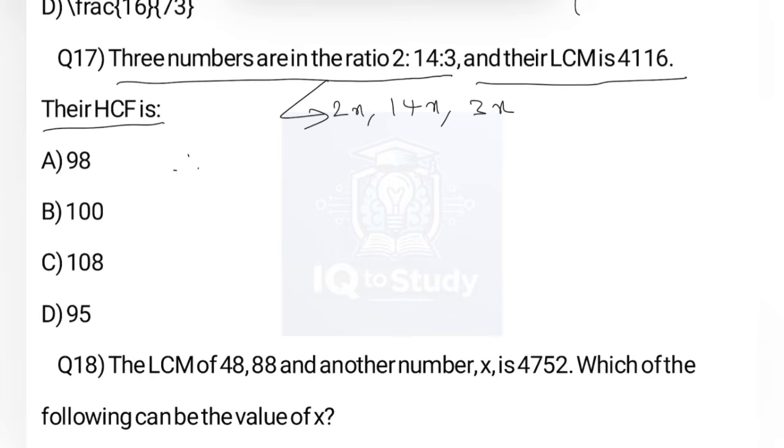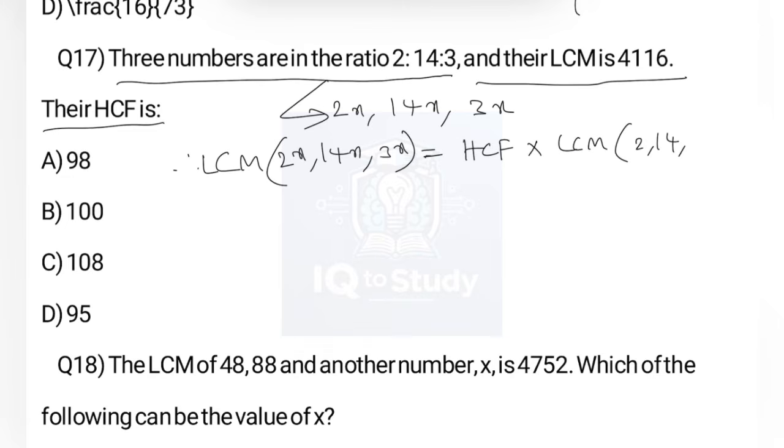Therefore, LCM of 2x, 14x and 3x is equal to HCF into LCM of 2, 14 and 3, and this is equal to 4116 according to the question.